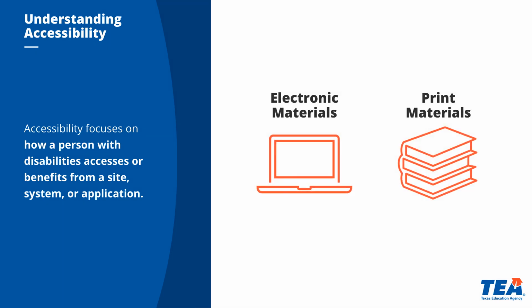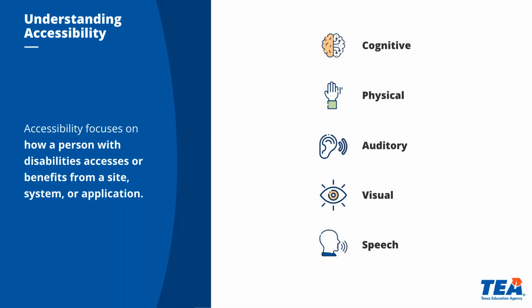The accessibility of electronic and print materials can benefit a number of disabilities, including cognitive disabilities that may impact a person's ability to perform mental tasks, physical disabilities that impair a person's ability to perform physical tasks, auditory disabilities that may impact a student's ability to hear or listen, visual disabilities that affect a person's ability to see, and finally, disabilities that impact a person's speech.